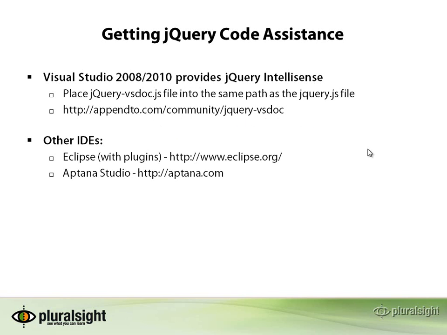So you can certainly go to Eclipse, and there's some plugins related to this as well. A really nice one I've played with is Aptana Studio. They do a Ruby on Rails type thing, plus they have just a more web-based studio that gives you nice IntelliSense, tells you what browsers are supported for different features you might do with CSS, but it also has this IntelliSense to help make it easier to work with jQuery. So those are some other options.